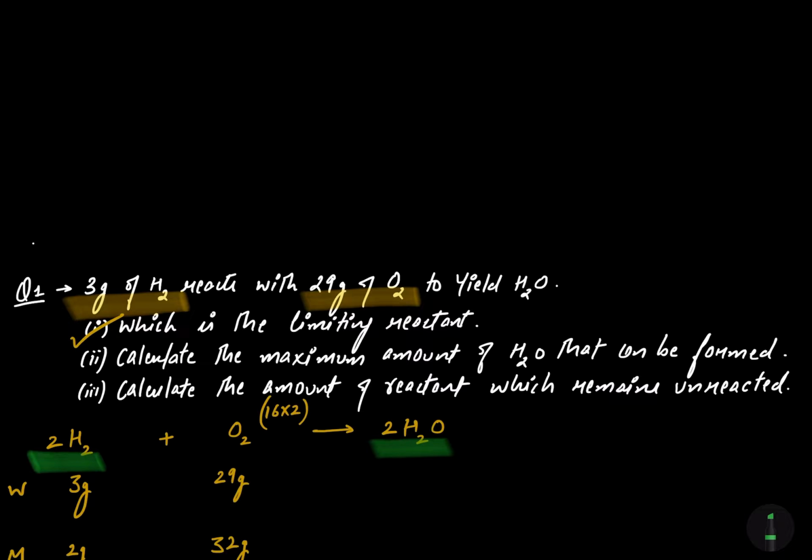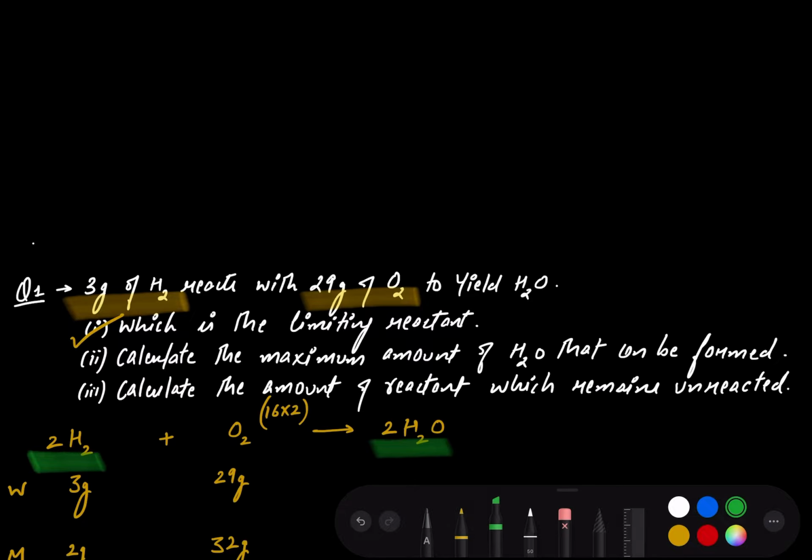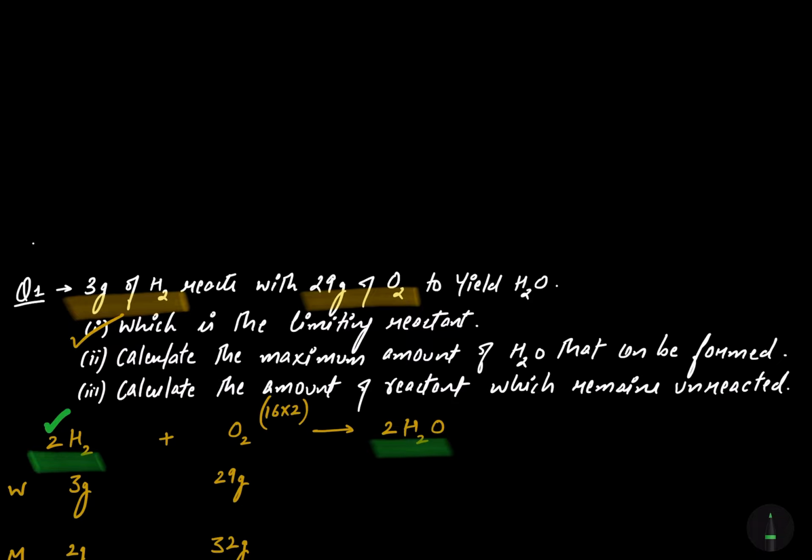Now just have a close look: 2 moles of hydrogen produce 2 moles of H2O. According to the limiting reactant, I have to take this equation, that 2 moles of H2 produce 2 moles of H2O, because the limiting reactant is H2.